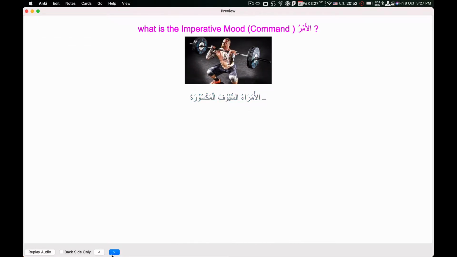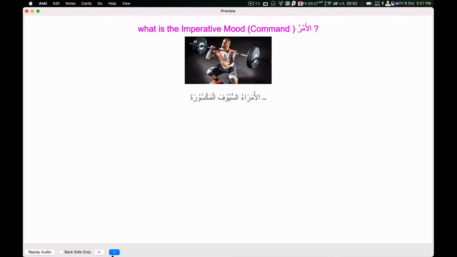And then we have an imperative mode here, which is the command. As I said, this is where I have modified the Fluent Forever deck to suit the classical Arabic language.